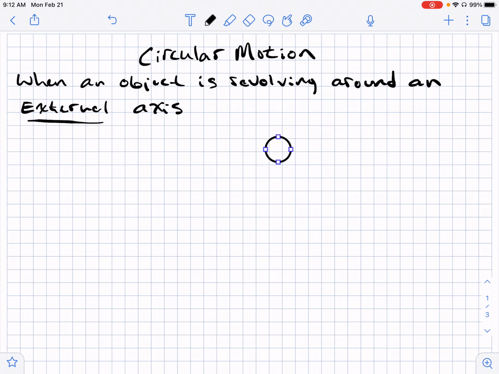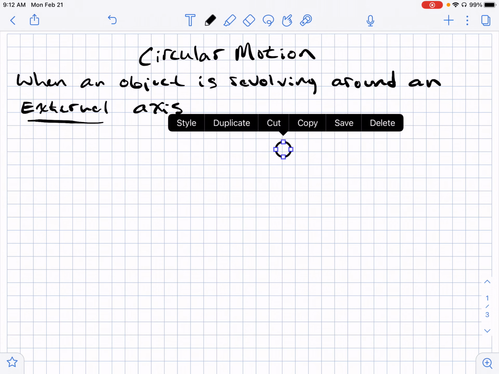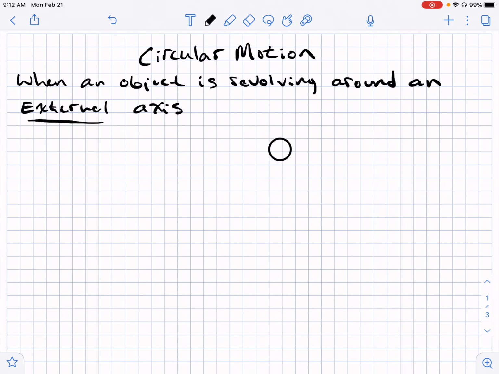So let's draw and see what that looks like. Let's say this is Earth here, and then we have some kind of satellite, and it is in circular motion around the Earth. We have two objects here: the Earth and your satellite.